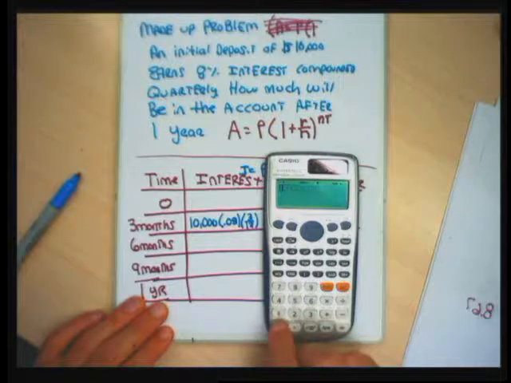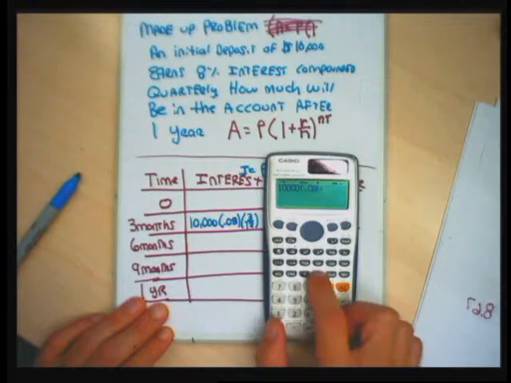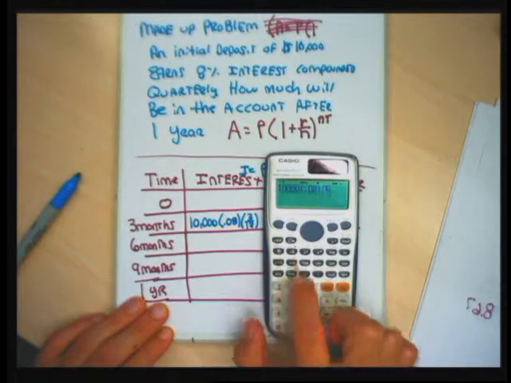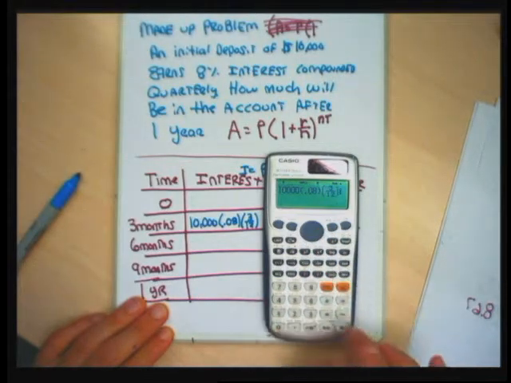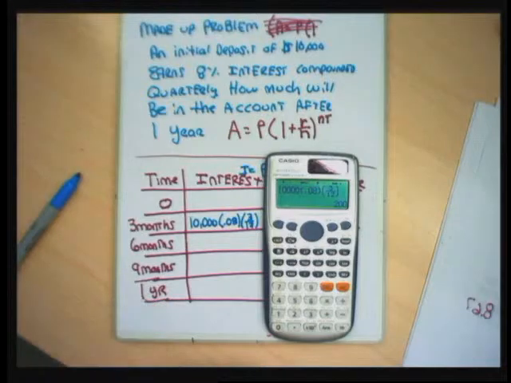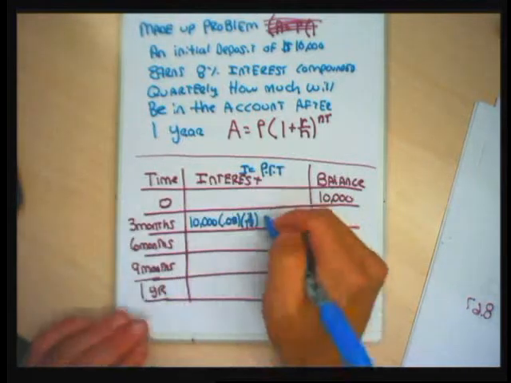It's going to be $200 worth of interest to start, because it's a quarter of the $800. So I'm going to go $10,000 times 0.08 times the fraction 3 months of the 12 months. And that tells me that for the first 3 months, I'm going to get $200 worth of interest, which is a quarter of the $800.